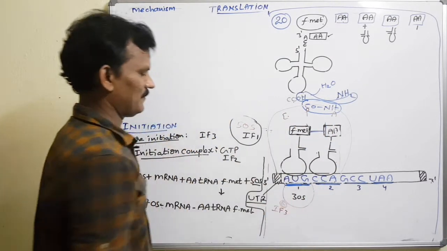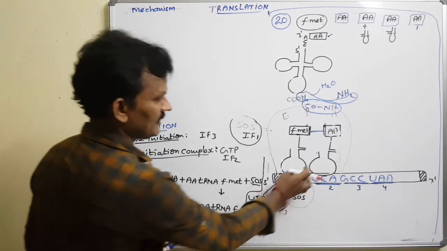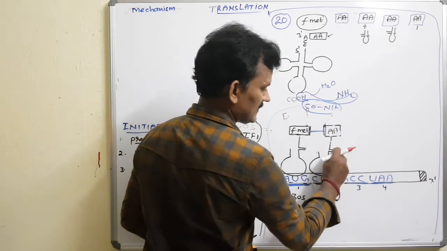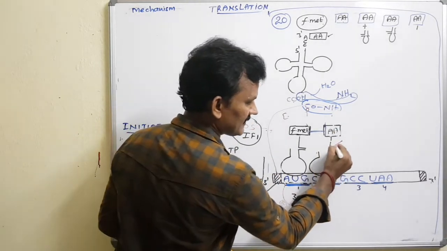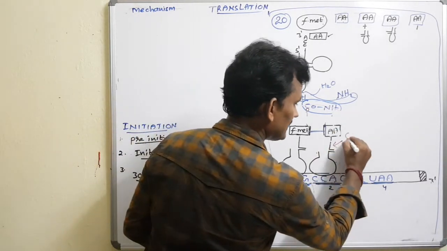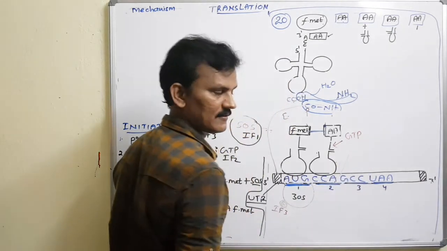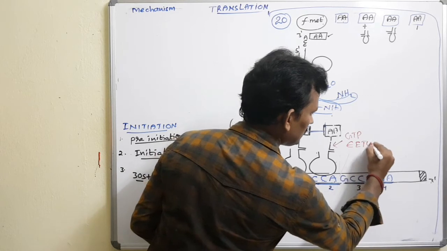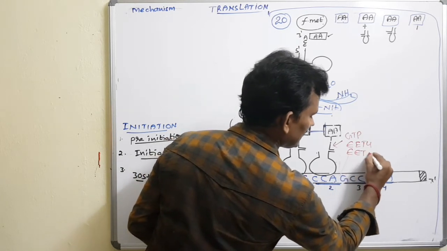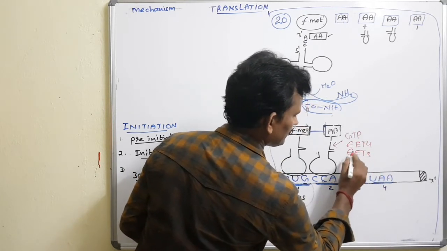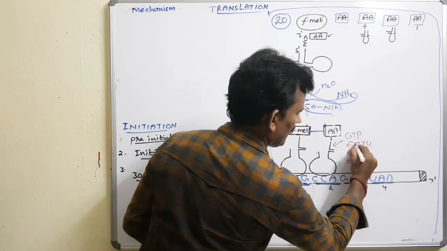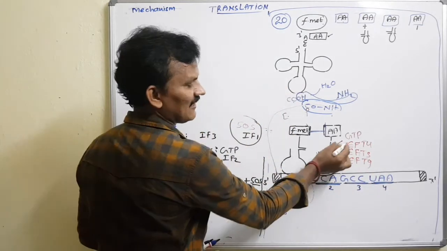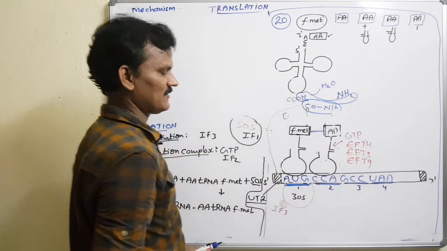In the next step, in the elongation process, whenever this was added here, factors are needed. What factors are needed? GTP is required, and elongation factor EF-Tu, EF-Ts and EF-G are also needed for the elongation process.